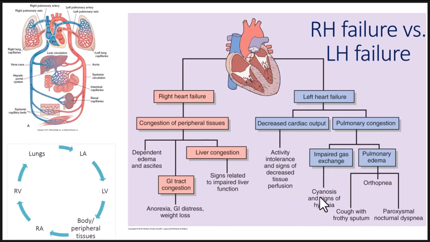If we can't properly exchange carbon dioxide for oxygen, then it can cause bluish discoloration of the skin, called cyanosis, and other signs of hypoxia, low levels of oxygen being received by our cells. Pulmonary edema, when we have all this fluid that builds up in the lung tissue that shouldn't be there, can cause people to actually cough up a frothy sputum. So you're getting really fluid into your airways that isn't supposed to be there.